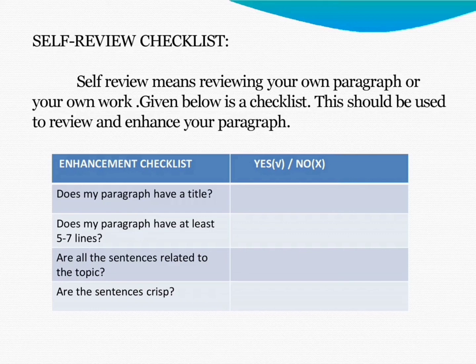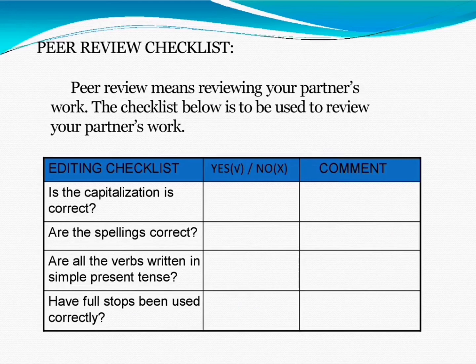The next one is peer review. Peer review means reviewing your partner's paragraph, or your friend's passage. Here also a checklist is given: whether your partner used capital letters properly, whether every spelling is right, whether every verb is written in simple present tense, and whether full stops are used properly. These are the questions to check your partner's work.